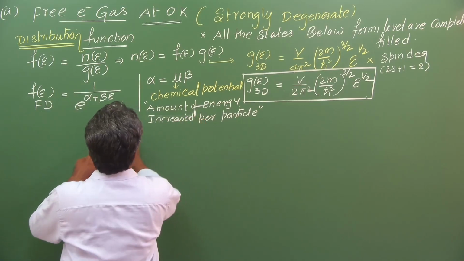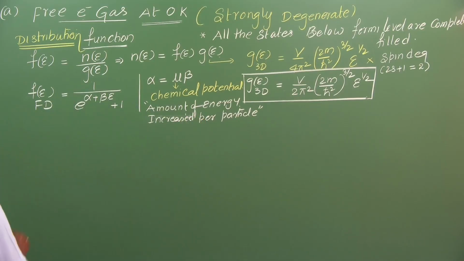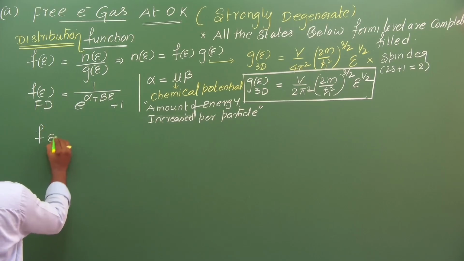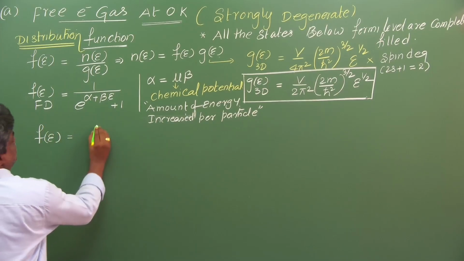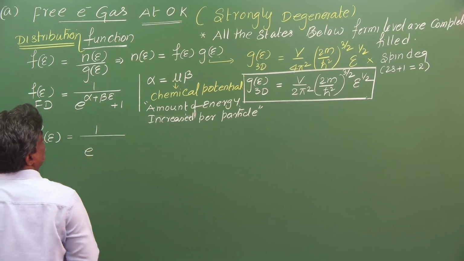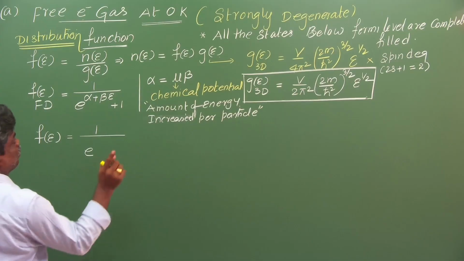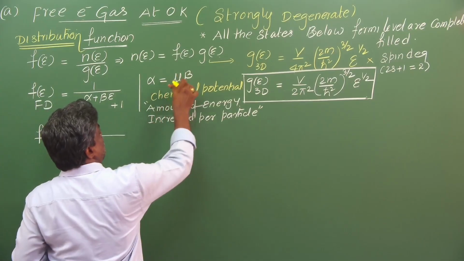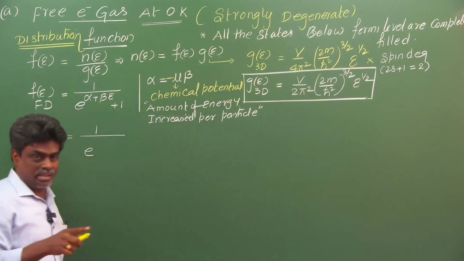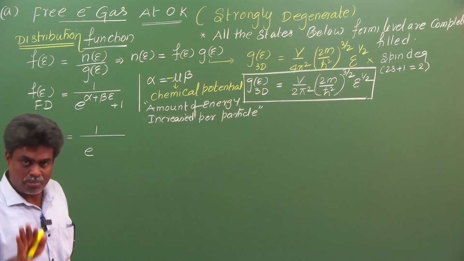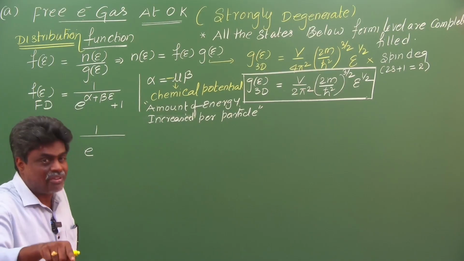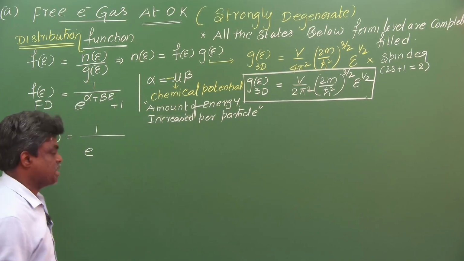That's good. Okay, fine. Now everyone. So that's why your distribution function for Fermi-Dirac statistics becomes 1 by e raised to minus alpha equal to minus mu beta. Mu is the chemical potential, but the alpha formula is minus mu beta.